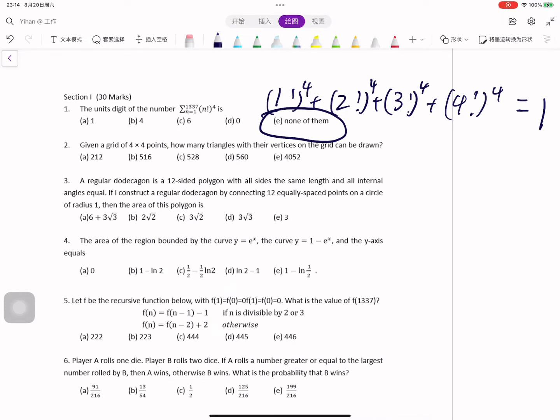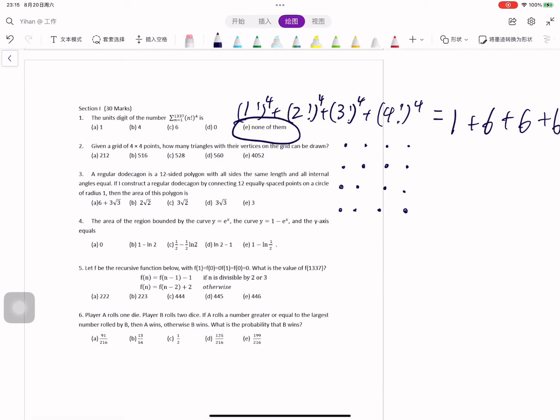And let's have a look at the second question. It says we need to find the possible triangles in such a grid, and we can just simply find 16 choose 3. That means we choose randomly 3 points in these 16 points, and maybe possibly they will form a triangle such as this.